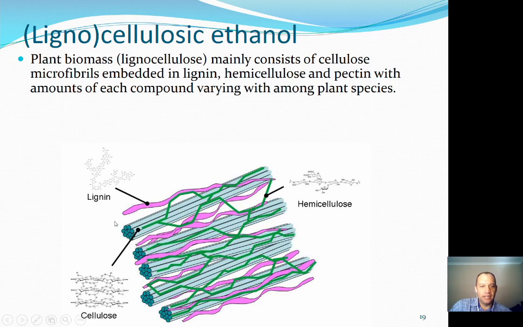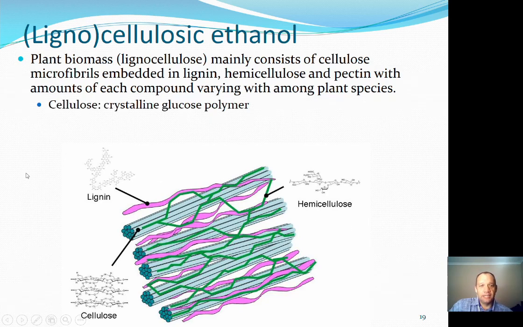Lignin is a polyphenol, and all of these together gives us this structural strength of the plant cell wall that the plant needs to survive. So for the plant, this is not a food source, it is a structural component.